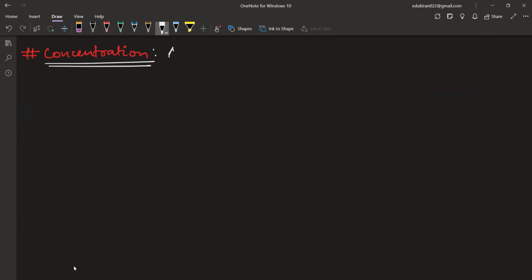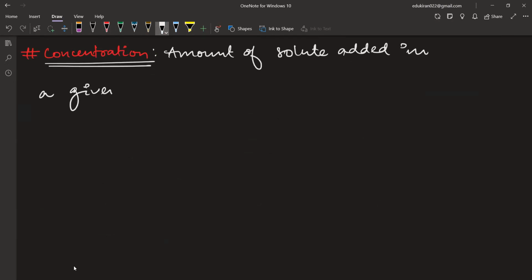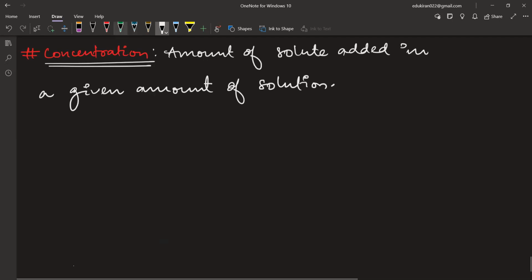Concentration is the amount of solute added in a given amount of solvent, or in a given amount of solution, you can write. Okay. Now, there are various concentration terms that we have to study. First of all, we'll start with molarity.